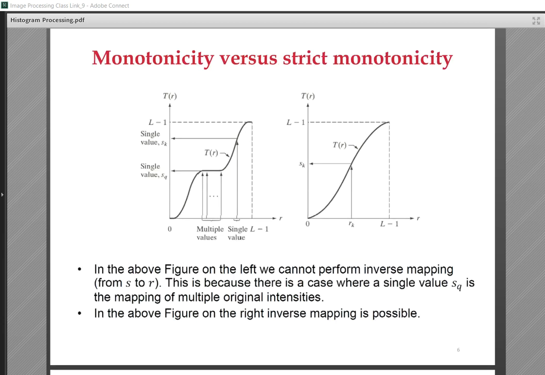Okay, we talk about strictly and not strictly in this slide. But we go back. This is monotonically increasing. Okay, this is good.